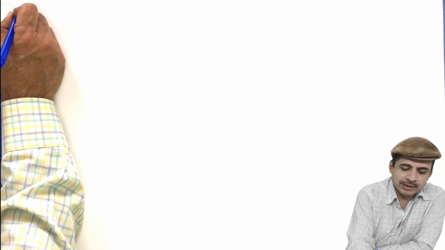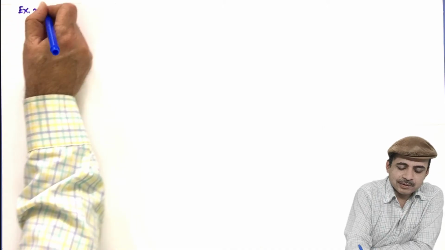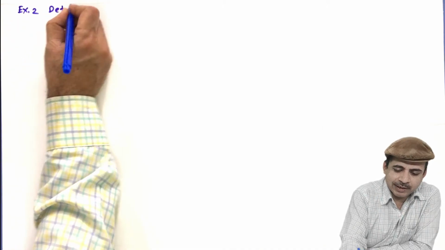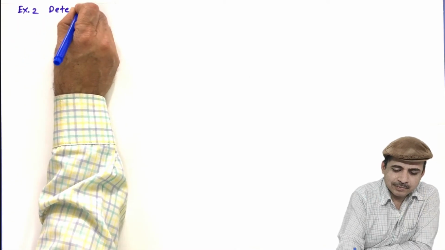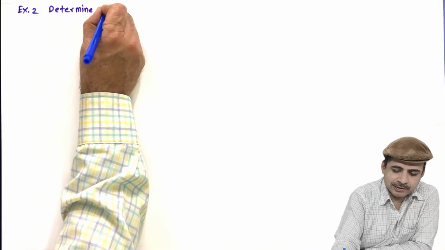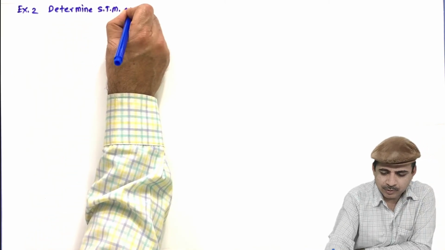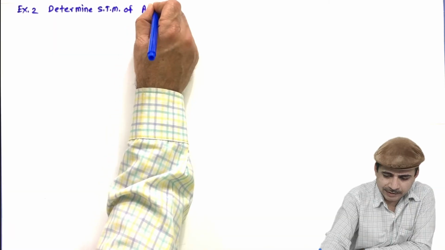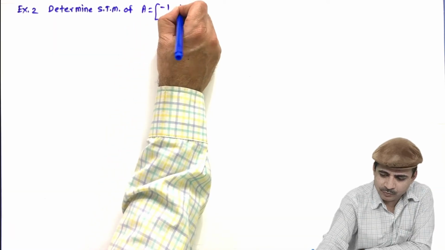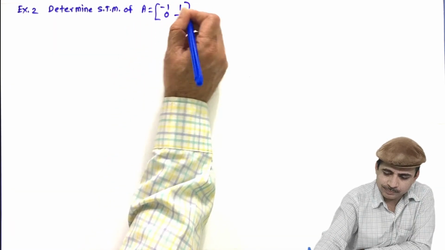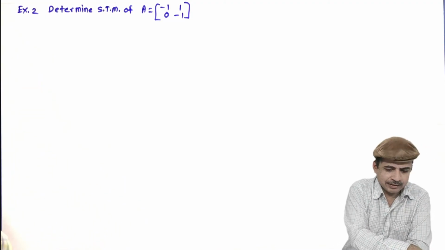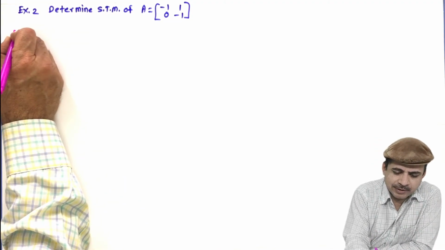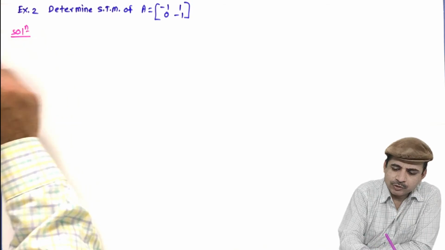In the second example, we have to determine the STM of A equal to [minus 1, 1; 0, minus 1] by the similarity transformation approach.